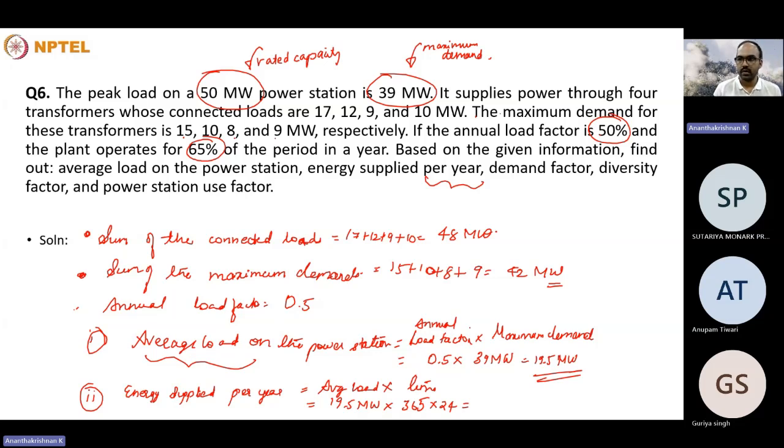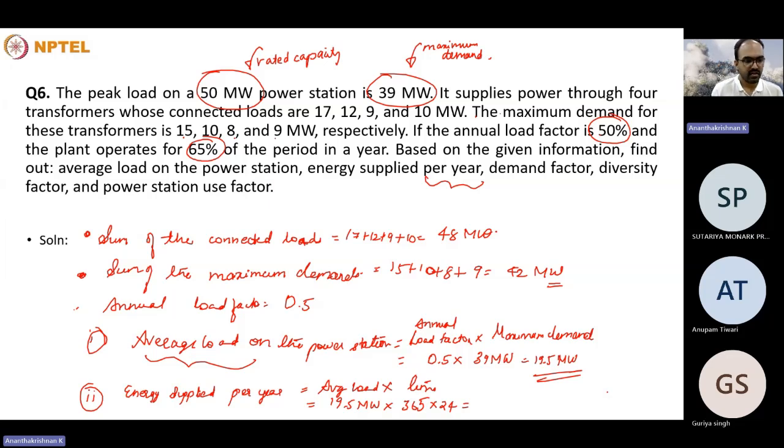365 days. Energy supplied per year can be represented in terms of some unit, right?